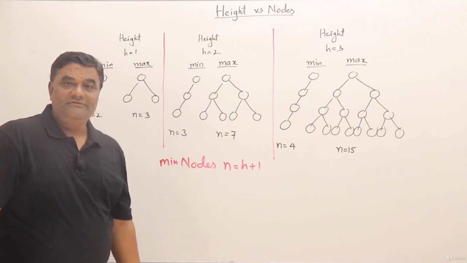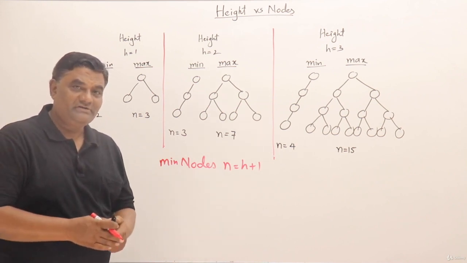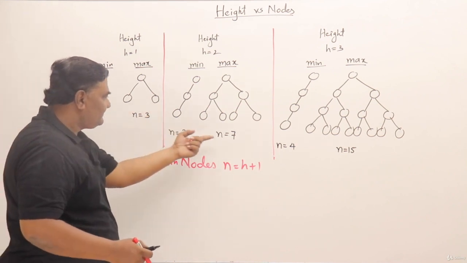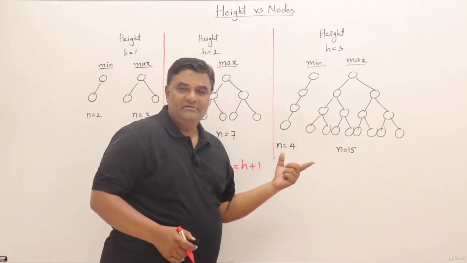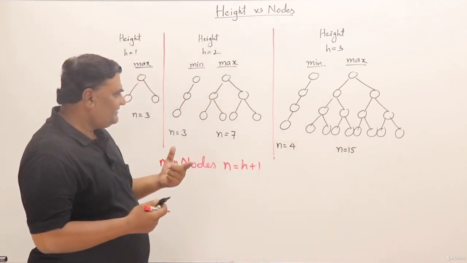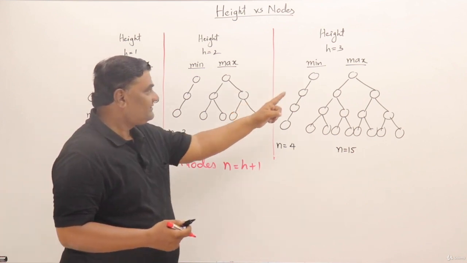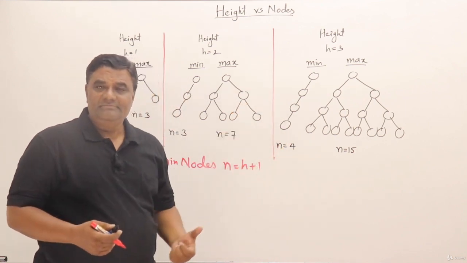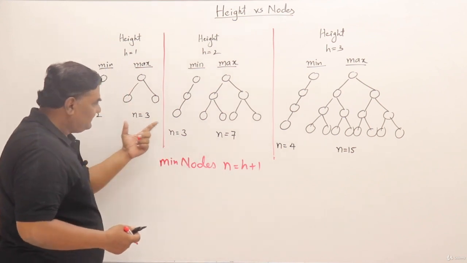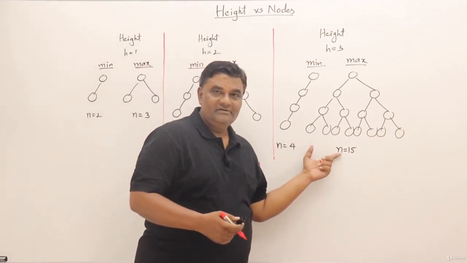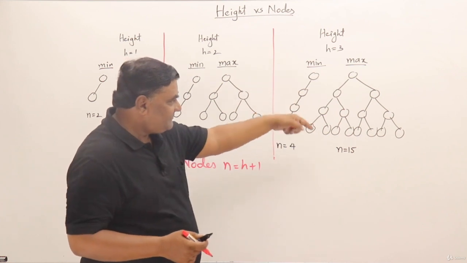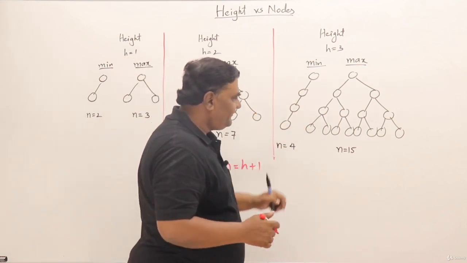Now we want the formula for maximum nodes. 3, 7, 15. We don't find any pattern. Like there was a pattern here, height 2, so 3, height 3, so 4, so height plus 1. But 3, 7, 15, let us observe from this tree. How we got 15?